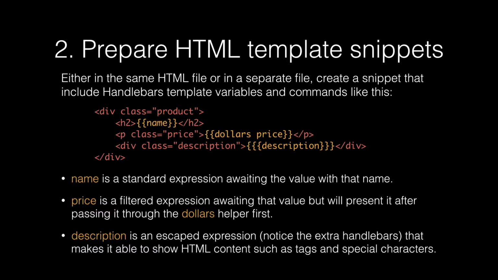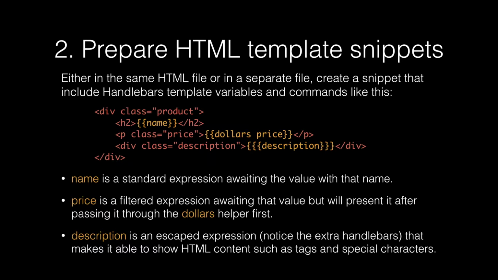All right, so step 2 then, with that data in mind, is that we're going to prepare HTML template snippets. Either in the same HTML file or in a separate file, we can create a snippet that includes handlebars template variables and commands like this. So here you're seeing 3 different examples of how we can provide these handlebars expressions. So the default, most normal one is what you see with the name variable here.